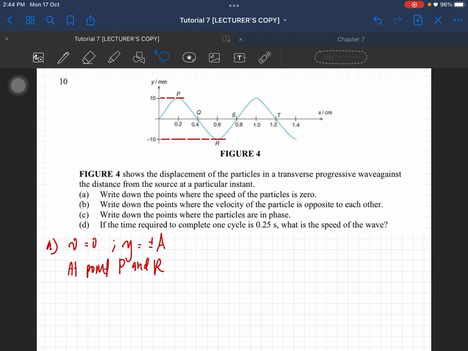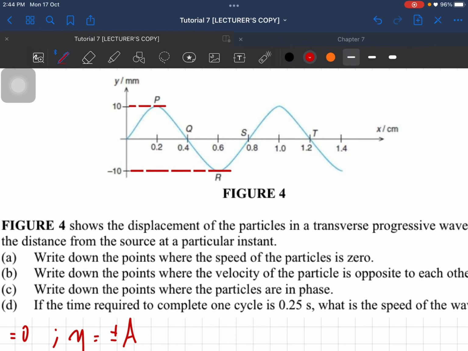Here. Okay, so next we need to find the points where the velocity of the particle is opposite to each other. For this, we won't be looking at point P and R because v is already equal to 0 at those points. So basically what's happening at point Q and R, S and T is what we are going to focus on.